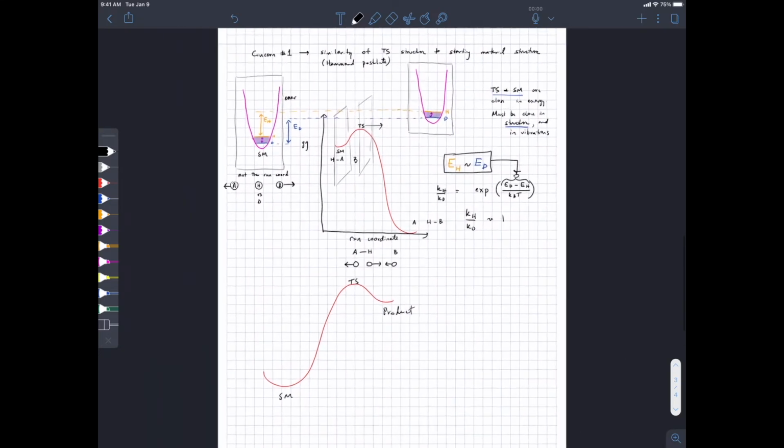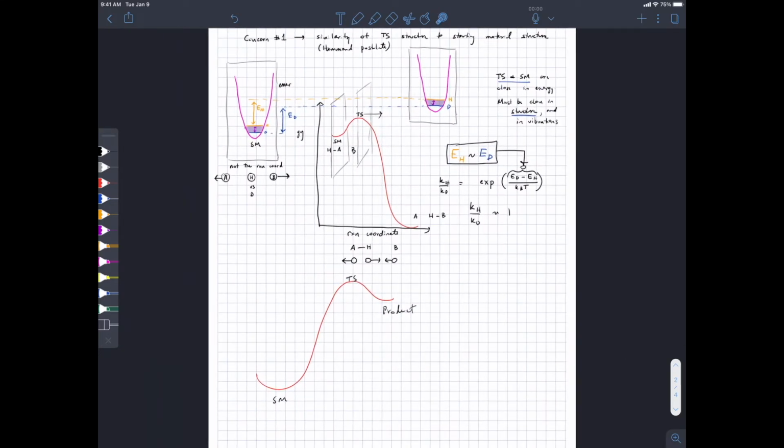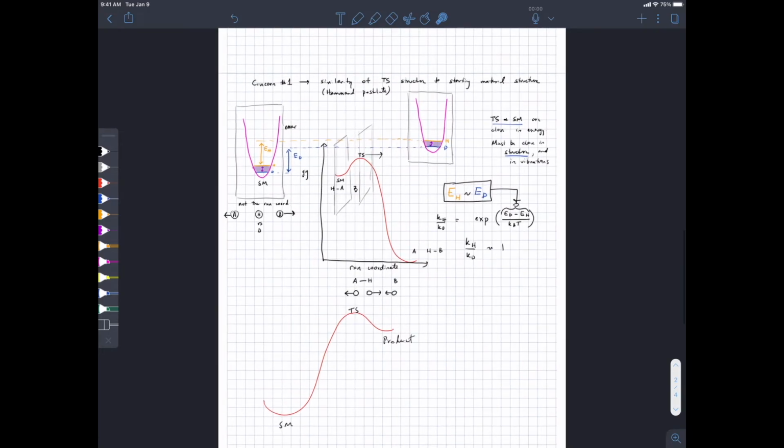If the product and the starting material have similar bond strengths and similar zero-point energy differences, and the transition state resembles the product, then you're still going to have a minimal difference in activation energies and not observe a strong kinetic isotope effect.